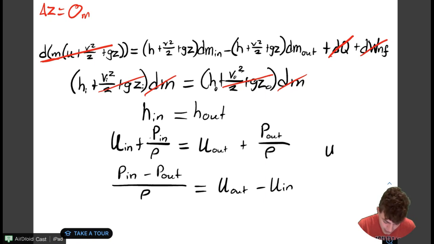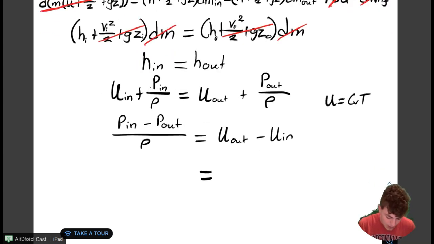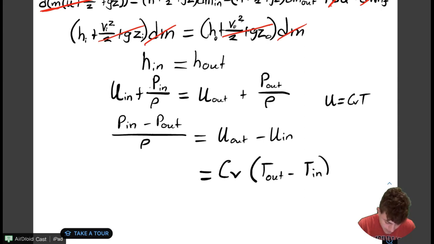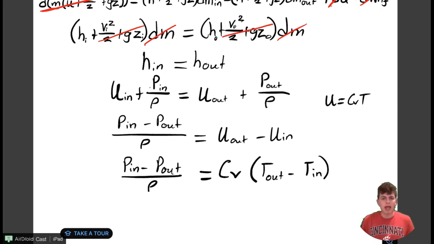And we'd already written that internal energy is equal to specific heat at a specific volume times temperature, meaning that we can equate this to specific heat at a volume multiplied by the final temperature, or the temperature out, rather, minus the in temperature. And what this means is that now we have some sort of relation between the changing pressure and actually changing the temperature of our water.